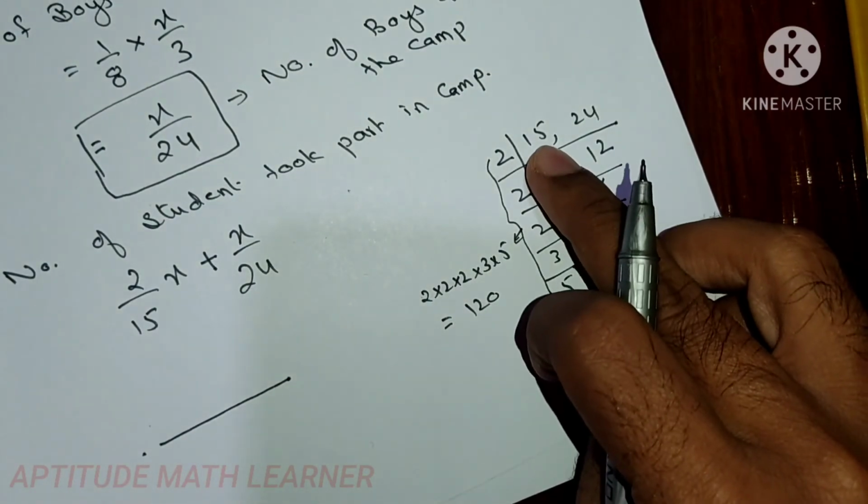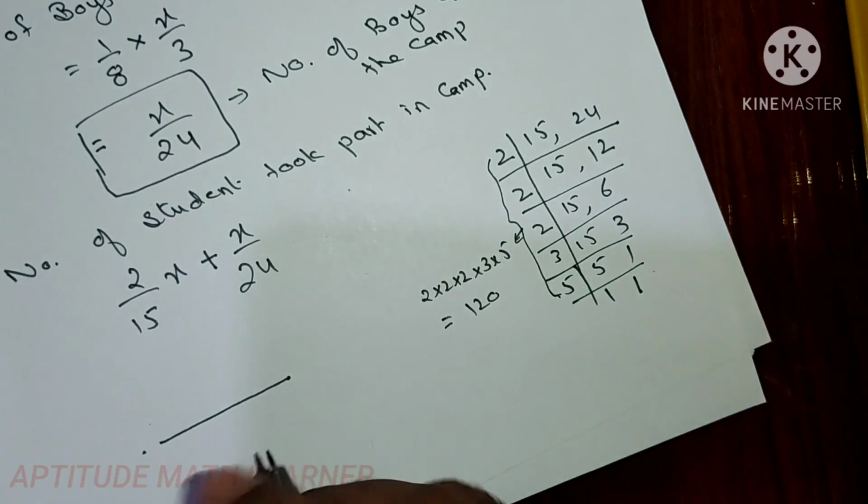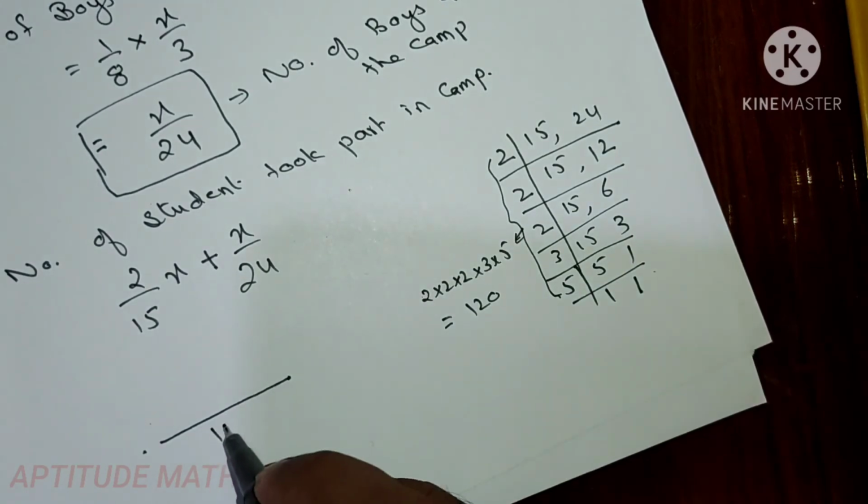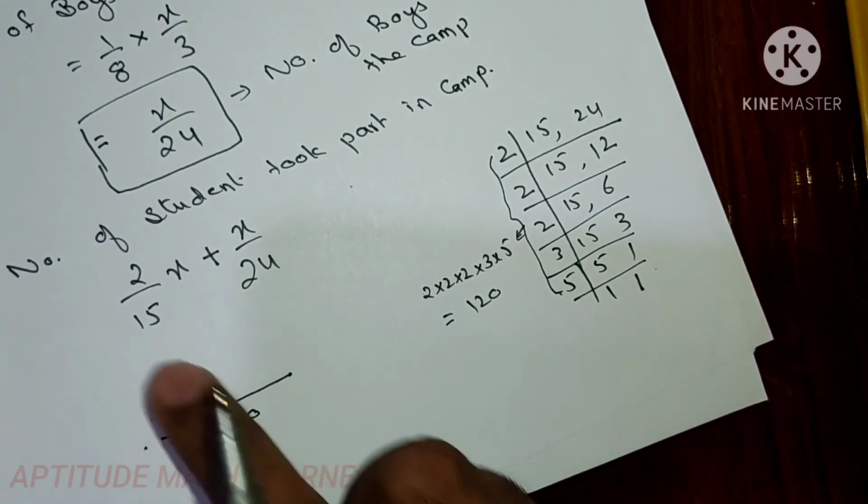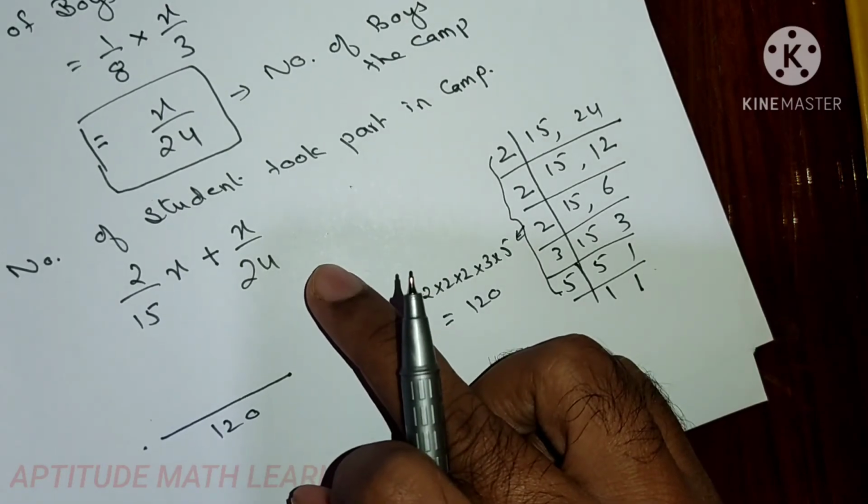So we have taken 15 and 24, and the overall answer is 120, which is a multiple of 15 as well as 24.